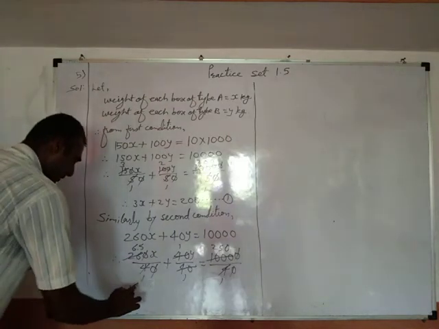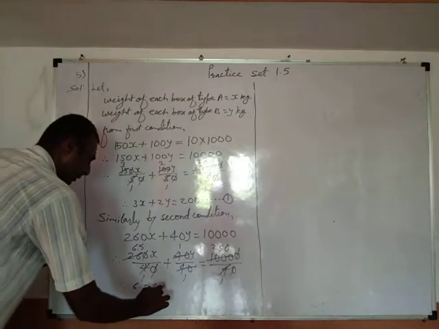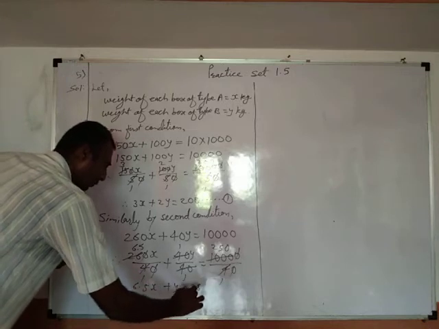Now the equation is 6.5x plus y equals 250.